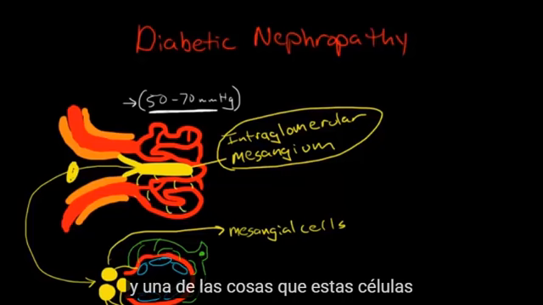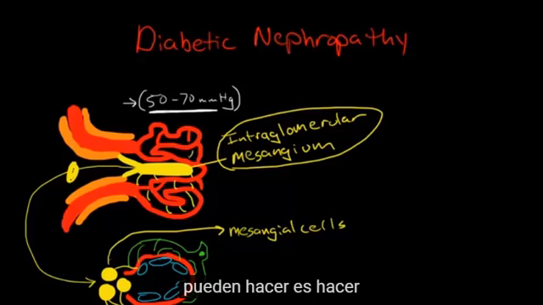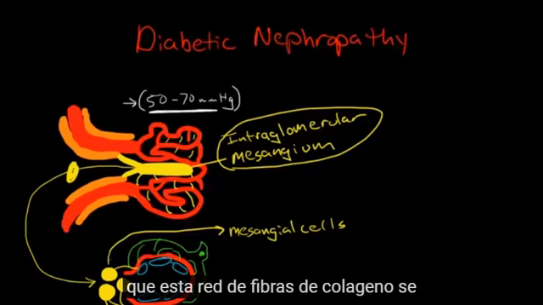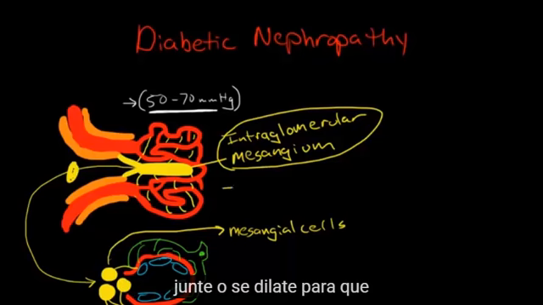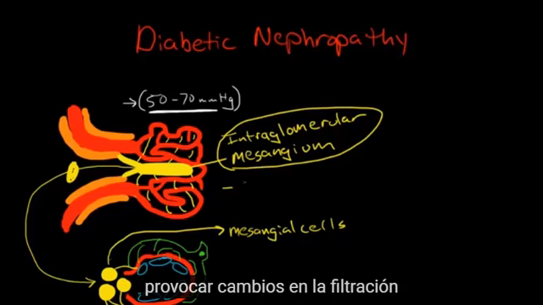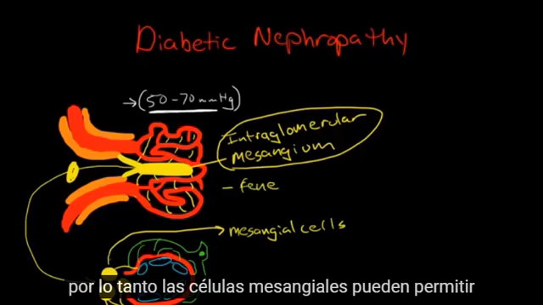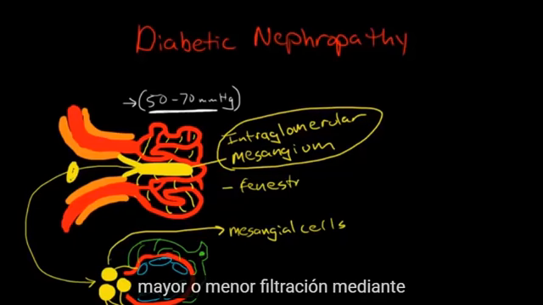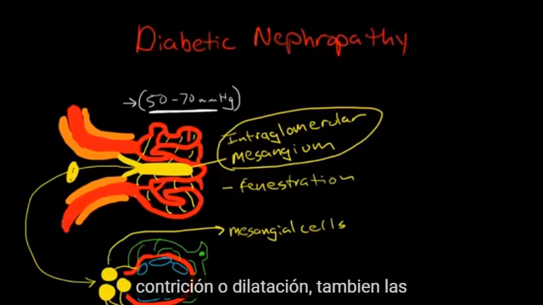And they can cause this network of collagen fibers to constrict or dilate, so they can pull the glomerulus tighter together or allow it to spread out. This seems to cause changes in the fenestra, so the mesangial cells can allow more filtration or less filtration by constricting or dilating.